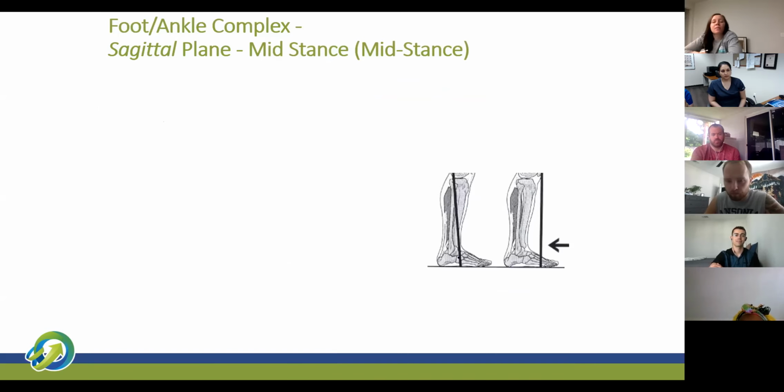Here's the point where, and you can see, basically the pressure is starting to move forward onto the foot because the weight is now passing through the midfoot versus the heel. And then it moves even further forward at the end of mid stance as the weight is passed onto the metatarsal heads.